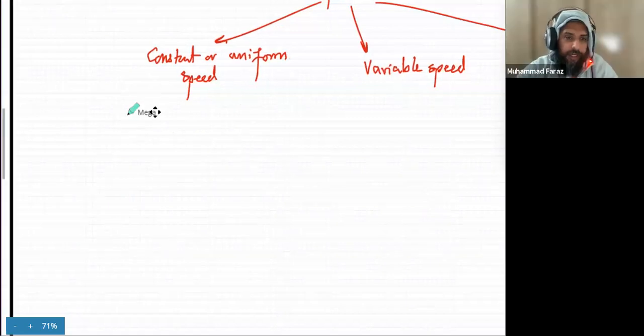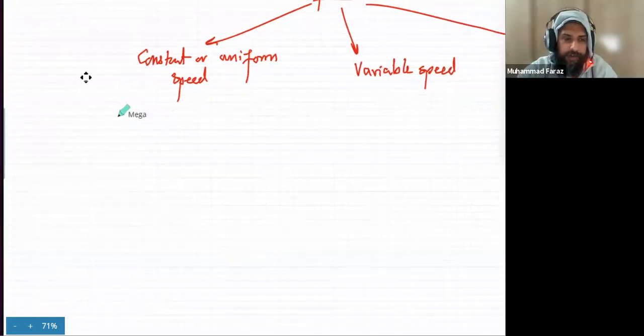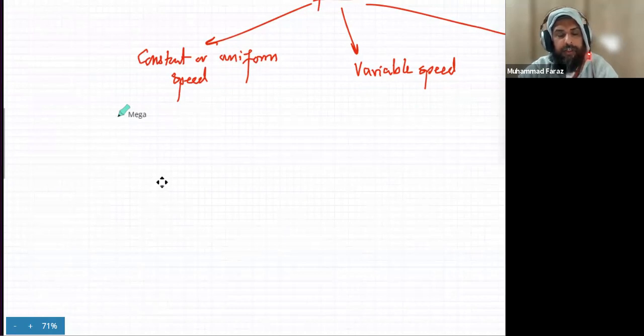So, how will we explain an object is moving with constant speed or not? Like, how can we actually know it? There is a one-liner for this.